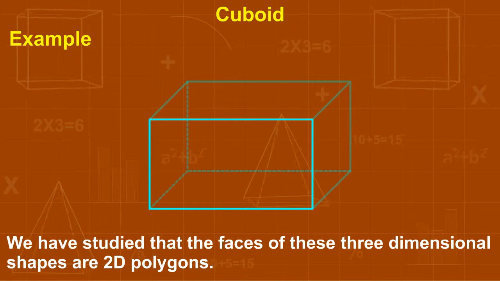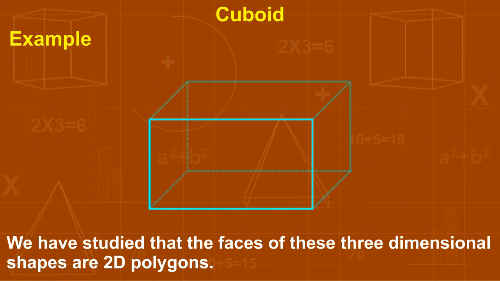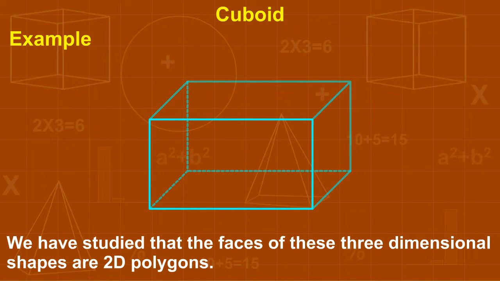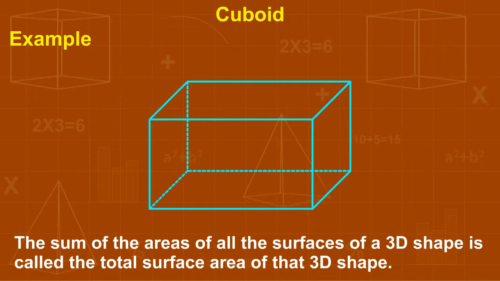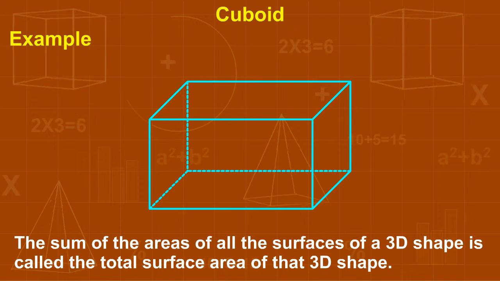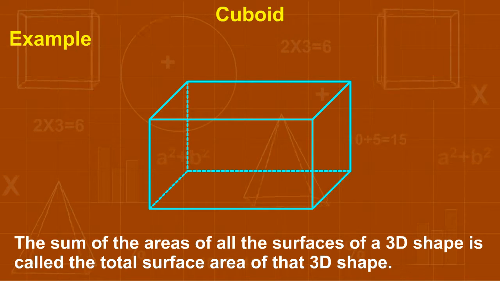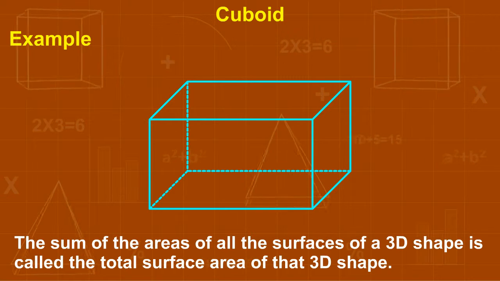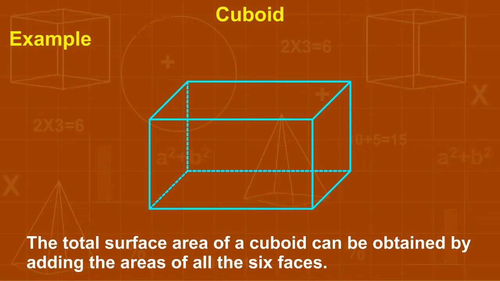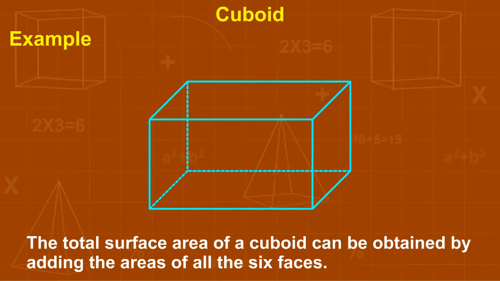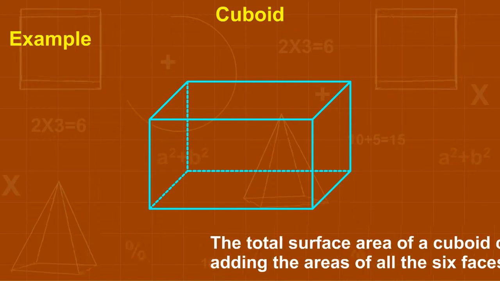We have studied that the faces of these 3-dimensional shapes are 2D polygons. Thus, the sum of the areas of all the surfaces of a 3D shape is called the total surface area of that 3D shape. The total surface area of a cuboid can be obtained by adding the areas of all the 6 faces.